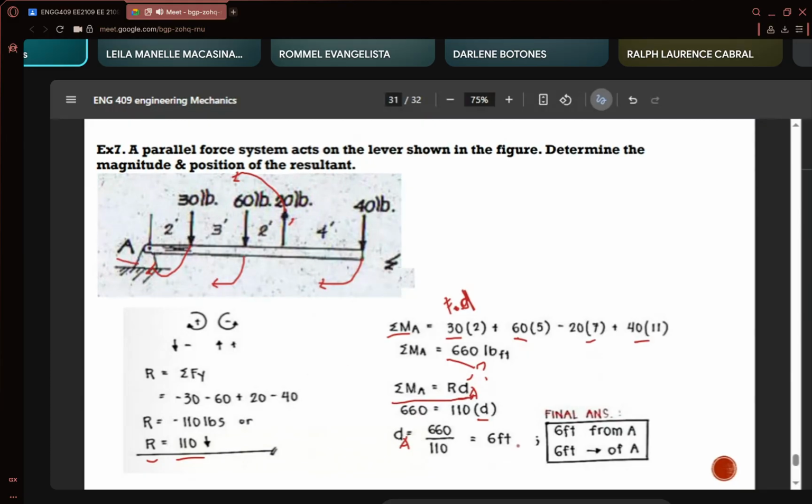That's how I will also know that you solved it from the A reference. There might be another support here. Let's say there was a roller here, so this is point B. I never know, you might have solved this from B, so just to be sure, you can also put D sub A here.